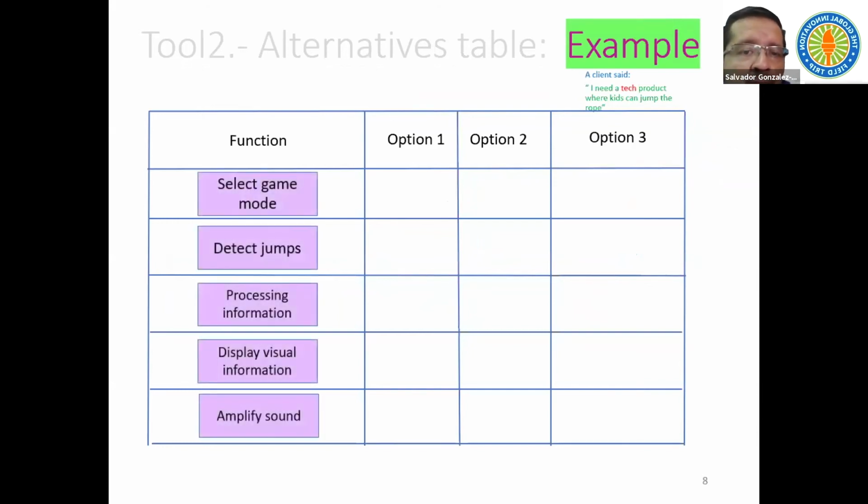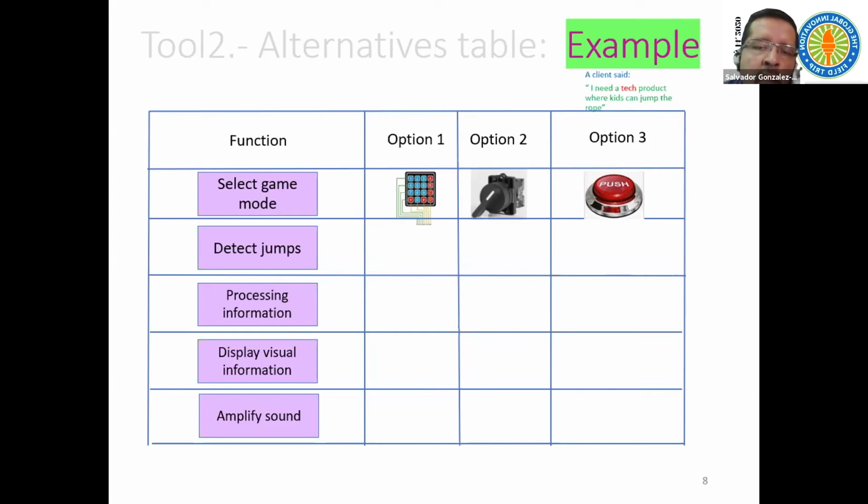For example, the function is to select the game mode. How are we going to accomplish this task? Detect jumps. How are we going to detect the jumps? And the other 3 functions. And for sure, we will have different options for each of the functions. Here we have a keyboard, a switch, or a push button, or we can have different types of sensors.